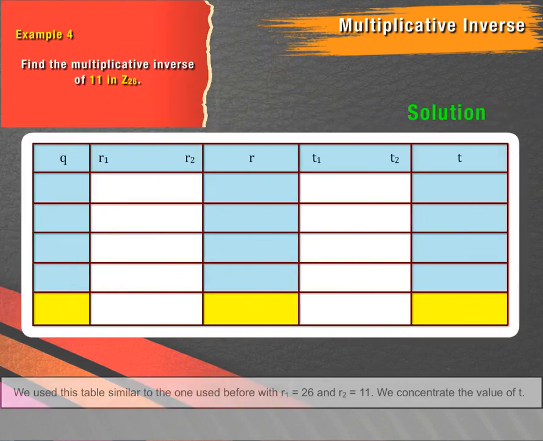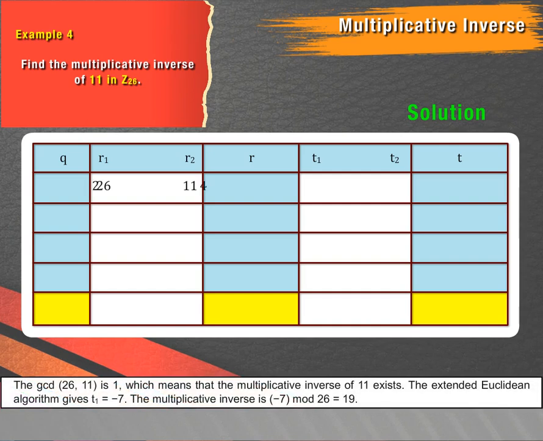Solution. We use a table similar to the one used before with R1 is equal to 26 and R2 is equal to 11. We concentrate on the value of t. The GCD of 26, 11 is 1, which means that the multiplicative inverse of 11 exists.